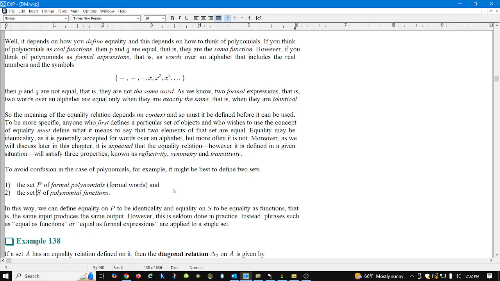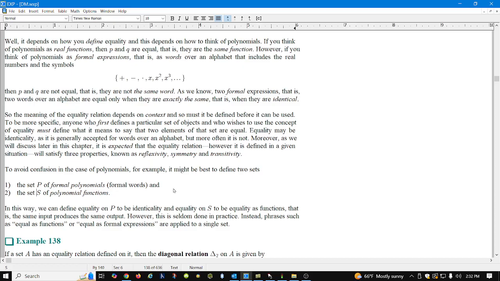Equality on the set S would be equality as functions. Well, nobody bothers to define two different sets with two different equalities. What you just say is you define the set of polynomials and you say equal as functions or equal as formal expressions.